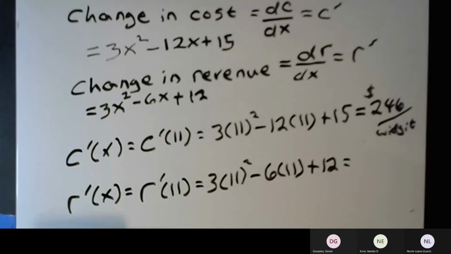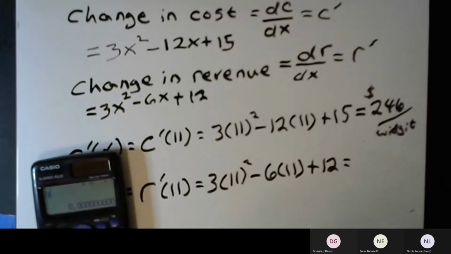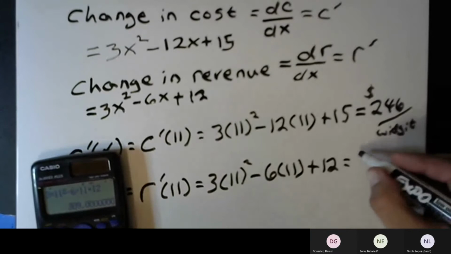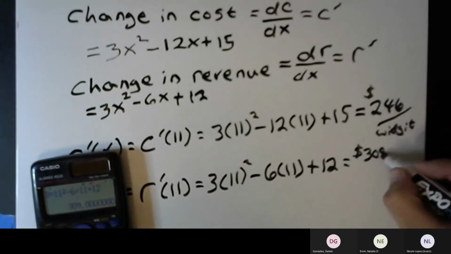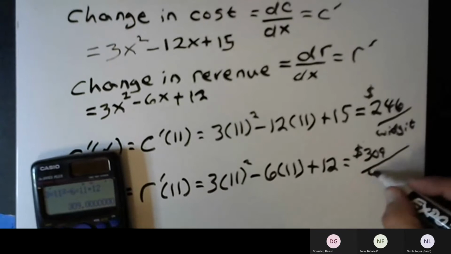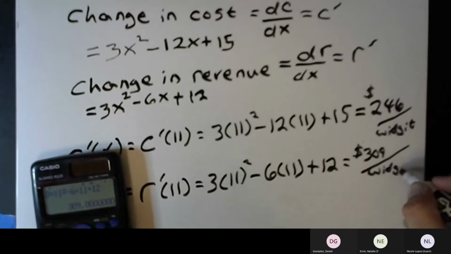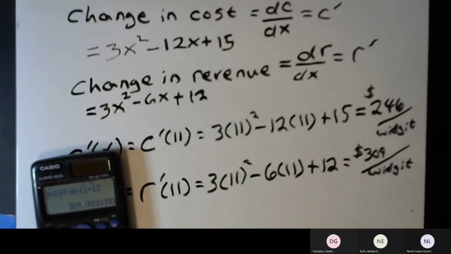Let's see what that's going to be. That's $309 per widget.